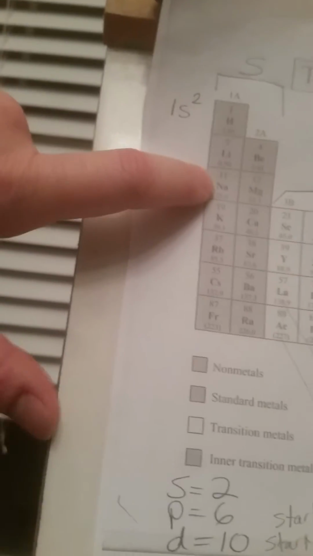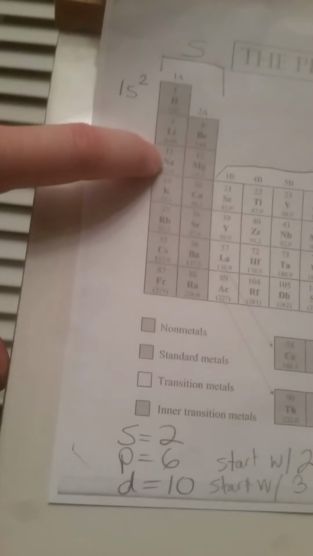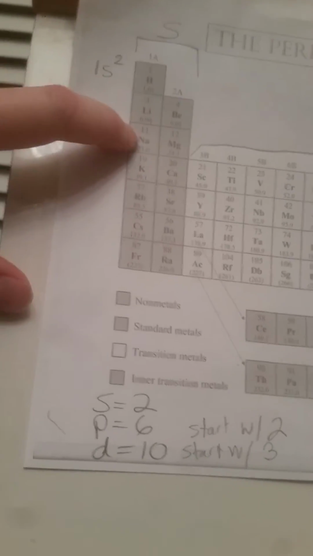So 3s comes after 2p. Boron and carbon are in the 2p orbitals, and later in the periodic table, sodium and magnesium have their last electron in a 3s orbital. So 3s is the higher energy.